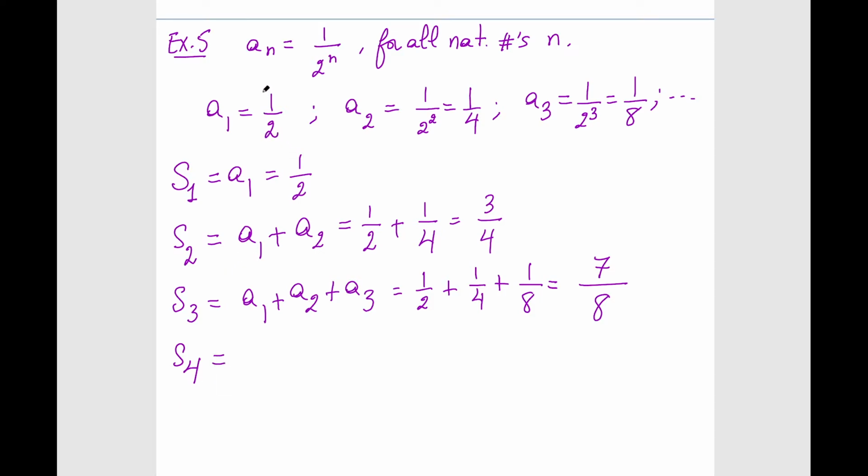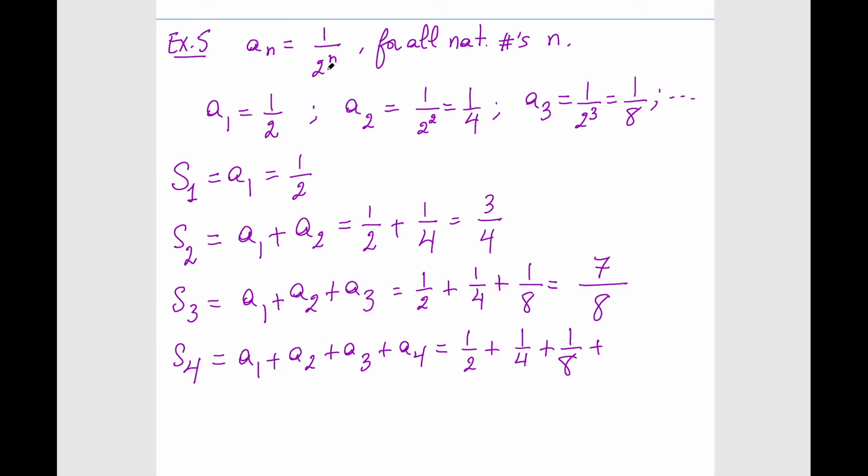And S4 is going to be the sum of the first 4 terms, so A1 plus A2 plus A3 plus A4. If you add them up, A1 is half, A2 is 1/4, A3 is 1/8. A4 we didn't write, but it's not hard to find.